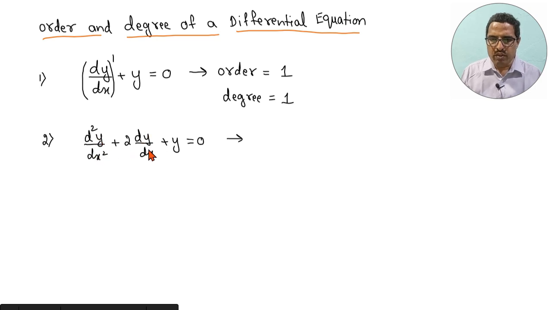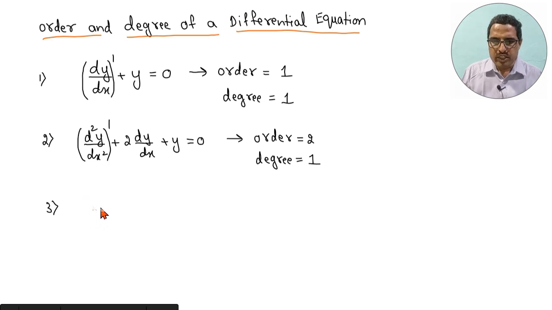Here dy by dx is a first order derivative, but the highest order derivative is 2. Therefore the order of this differential equation will be 2. The highest order derivative represents the order of the given differential equation. Now we see what is the power raised to this highest order derivative. The power raised to this highest order derivative is 1. Therefore, the degree of this differential equation is 1.